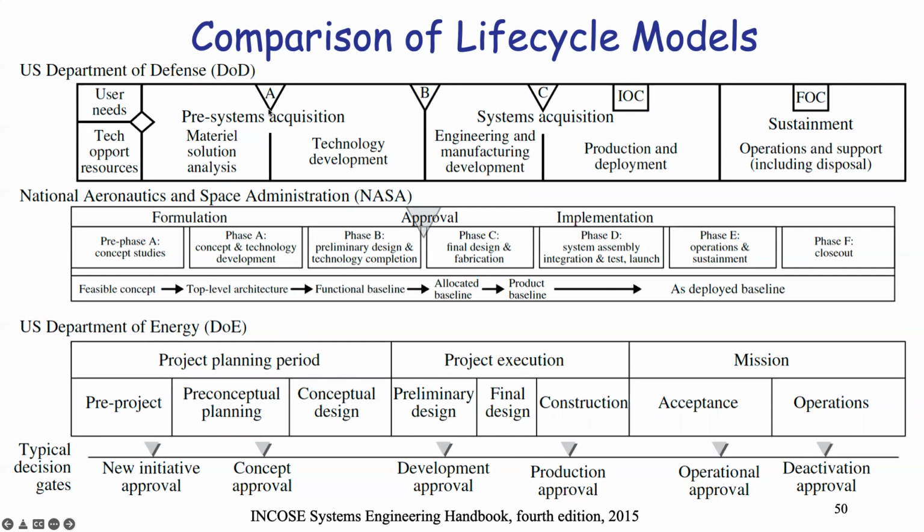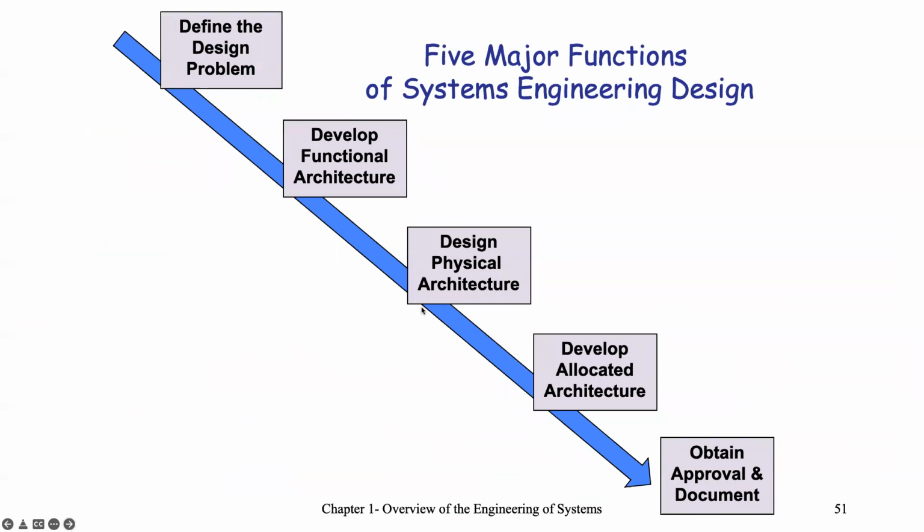You have phase A, B, C for the DoD model, the initial operational capability, and the final operational capability. NASA has a different way of conceptualizing their milestones. They have the formation, the approval and implementation. And then the Department of Energy has the project planning period, the project execution, and the mission. So those are just a couple things to be thinking about.